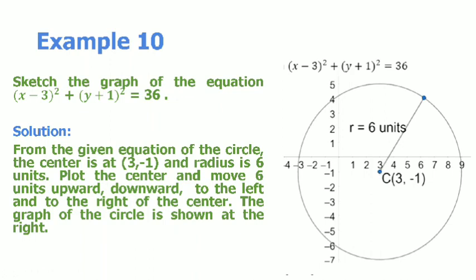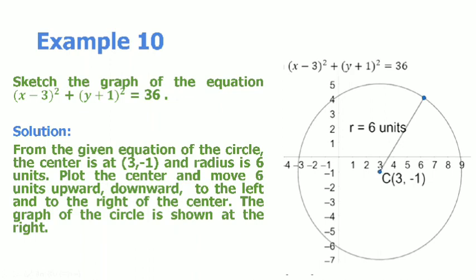And then we will count 6 units to the right, to the left, and then 6 units upward and downward. Since this is 36, therefore the radius is equal to 6. So we will check. 1, 2, 3, 4, 5, 6, so until 9. And then 1, 2, 3, 4, 5, 6, so until negative 3 on the left.